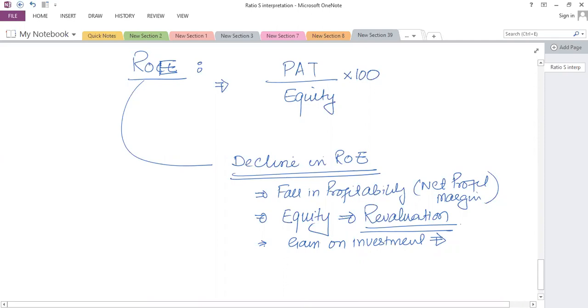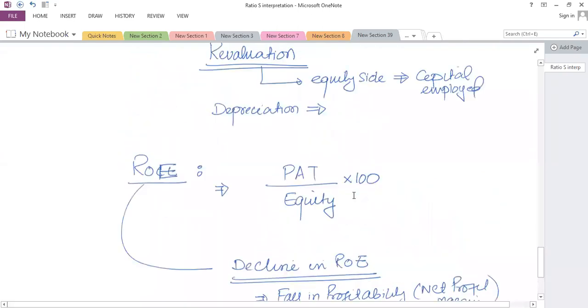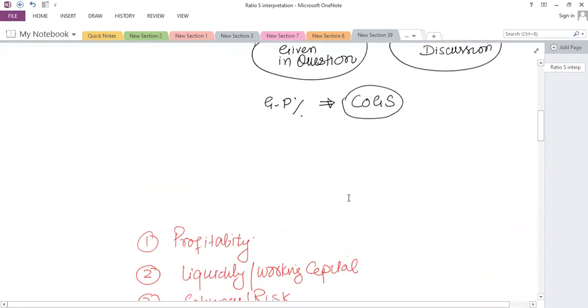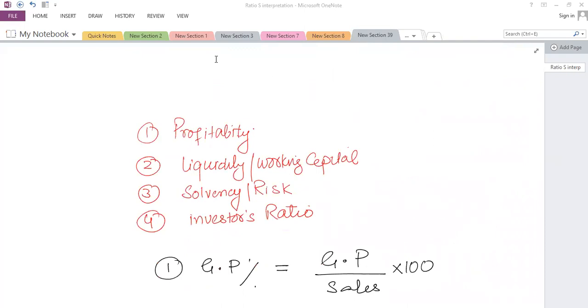Such items you have to identify: why there is a change in equity, and the reason behind the change in return on equity. So this is the first category. I have given you a few reasons. More we will discuss in the question, and we'll connect with this as well.